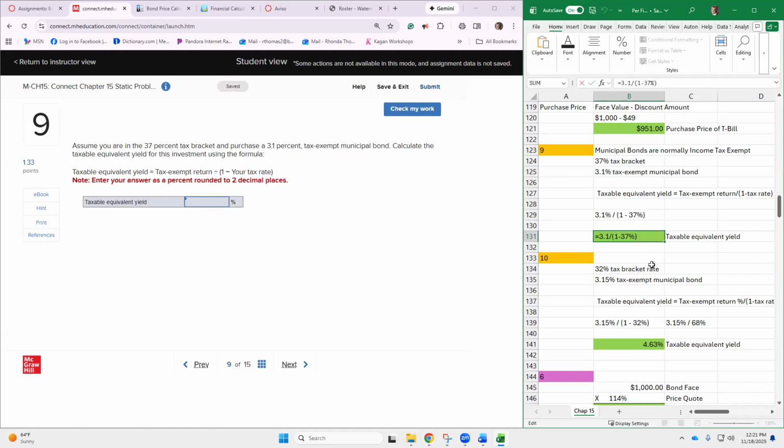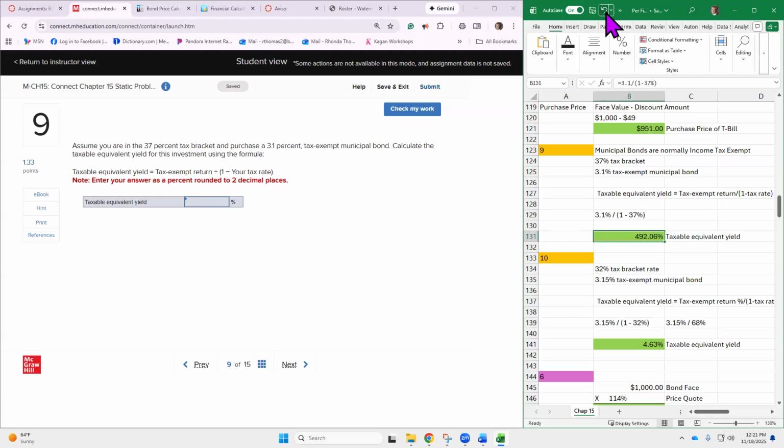See if it'll calculate for me. Nope. Okay, let me see here. So we want 1 minus 0.37. Okay, hang on. Why is that? Let me go back where I had it.